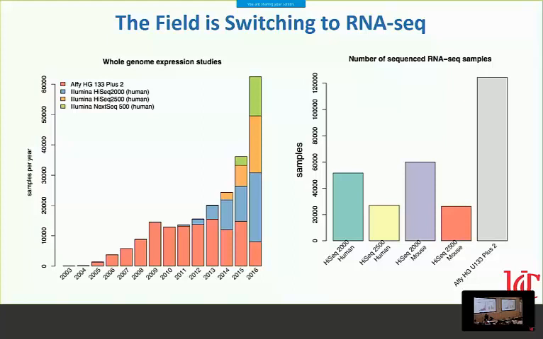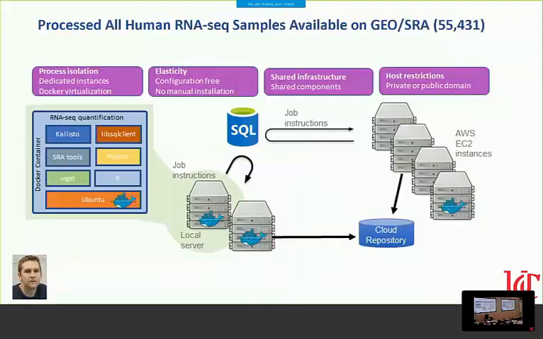So we needed to move also this extraction of signatures from GEO to RNA-seq, and Alex built this pipeline that optimizes the resources and uses the cloud.